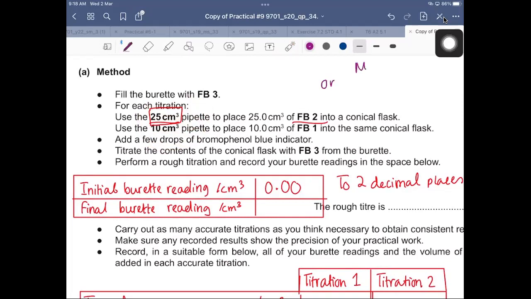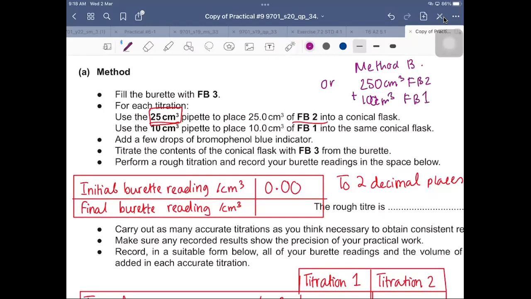Or method B, we mix 250 of Fp2 plus 10 cm³, 100 cm³ of Fp1.